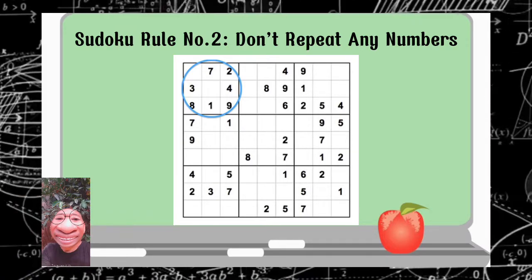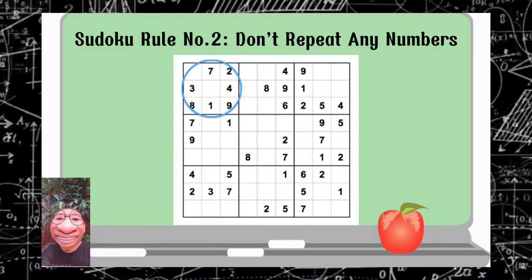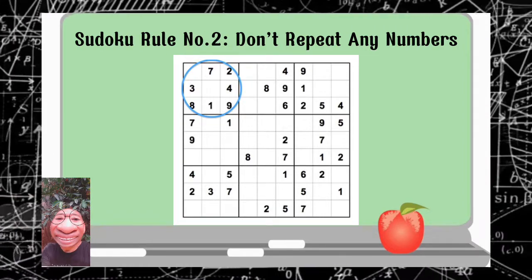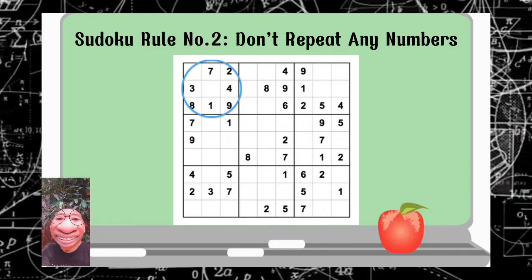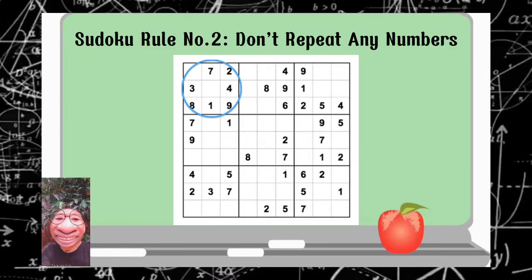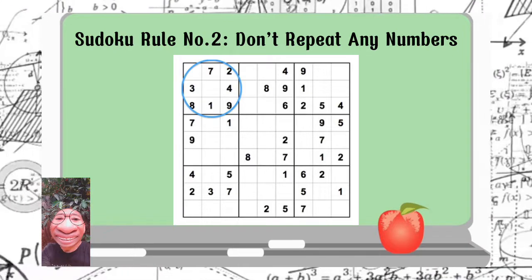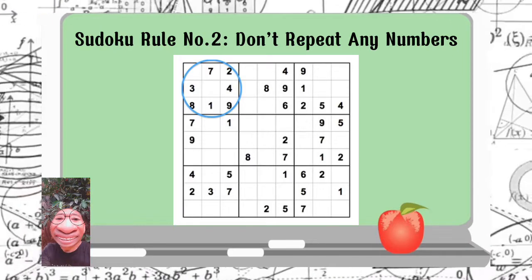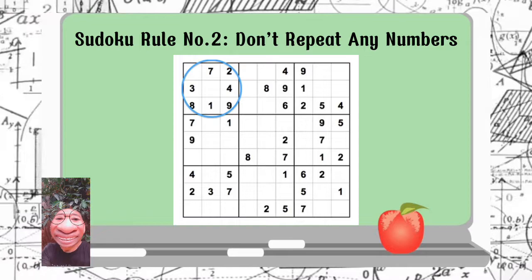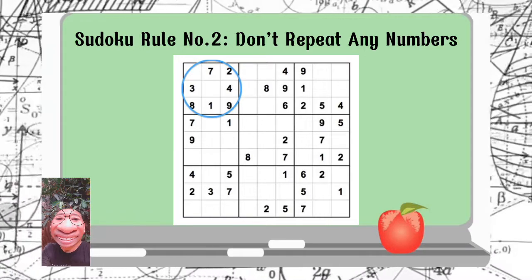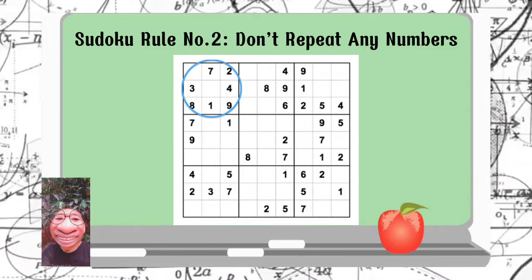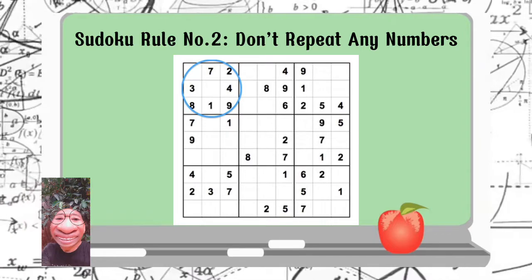For example, in the upper left square, we know we need to add a 5 and a 6 to be able to complete the square, but based on the neighboring rows and squares, we cannot clearly deduce which number to add in which space. This means that we should ignore the upper left square for now and try to fill in spaces in some other areas of the grid instead.